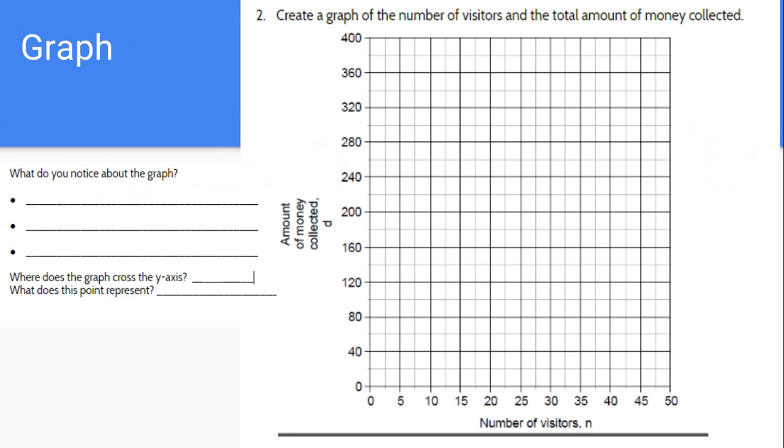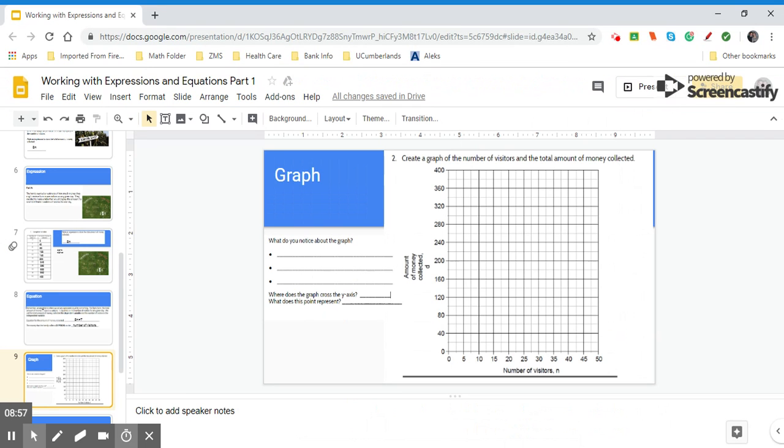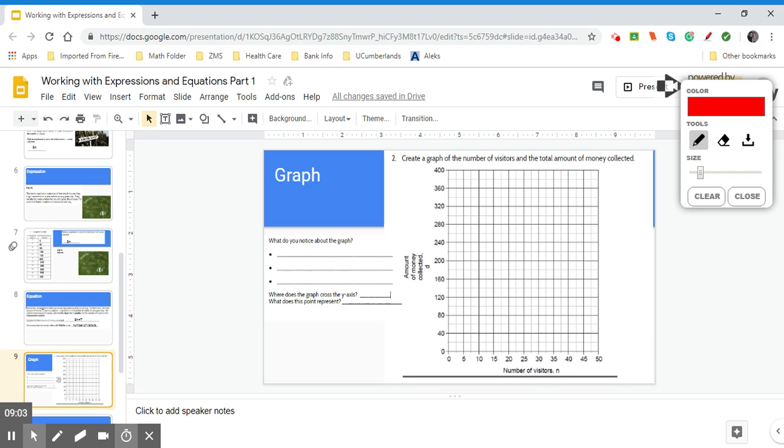All right, let's graph these. So if I take my table and I graph, we have on the y-axis the amount of money collected, and on the x-axis the number of visitors. So we're going to graph the number of visitors and the total amount collected.